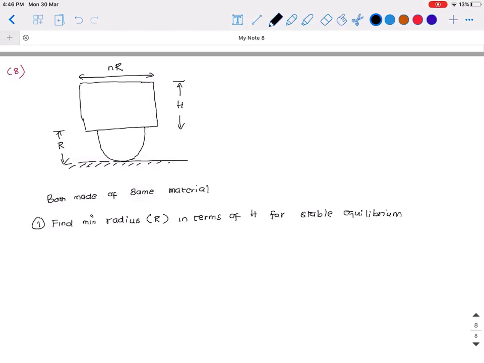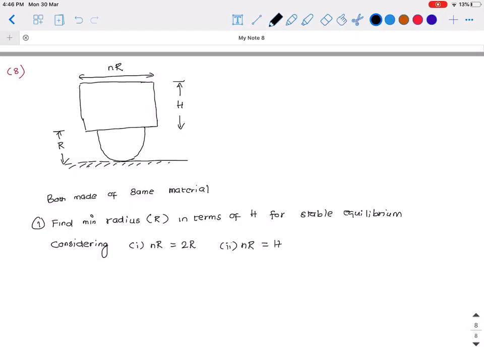Considering two cases. Considering the width of the block nr is equal to the diameter of the body, so nr is 2r, and the second case, width nr is equal to h.